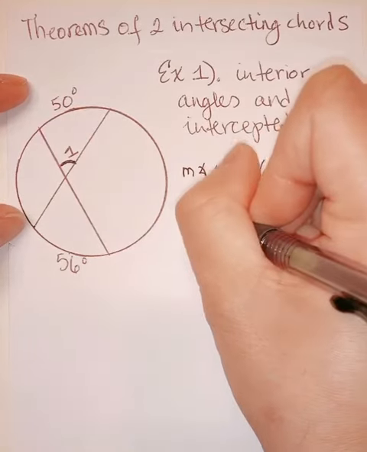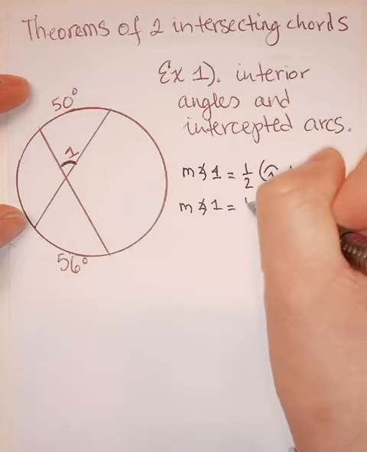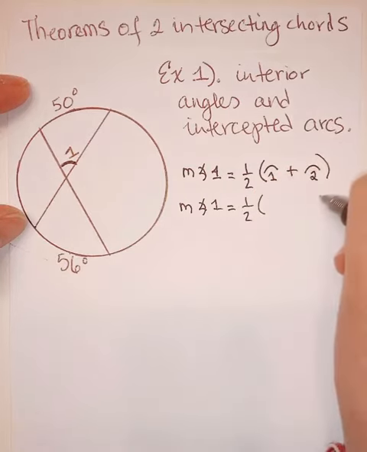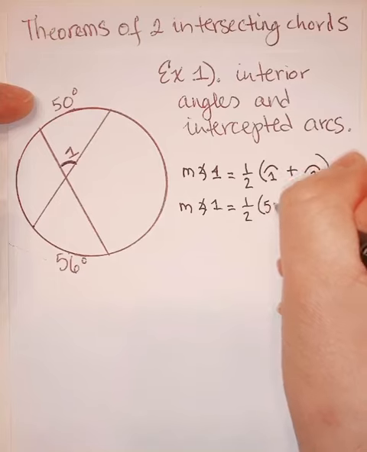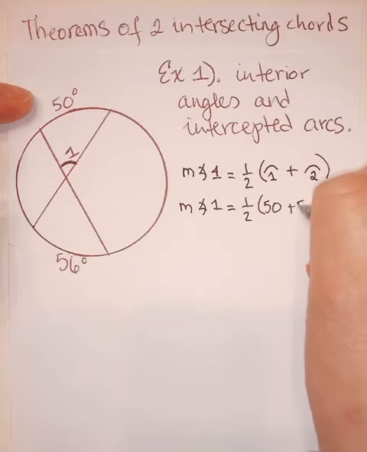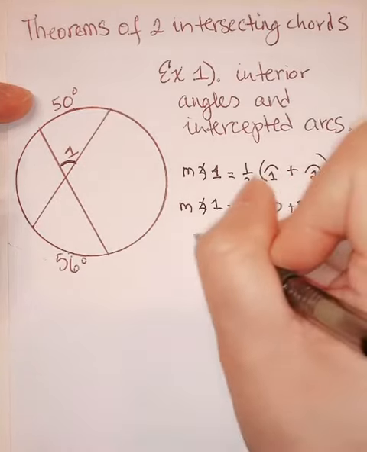To find the measure of angle 1, this is pretty straightforward. We take 1/2 of the sum of these two arcs, so arc 1 is 50 degrees plus arc 2, which is 56 degrees, and we add them together and divide by 2, and we will get the measure for angle 1.